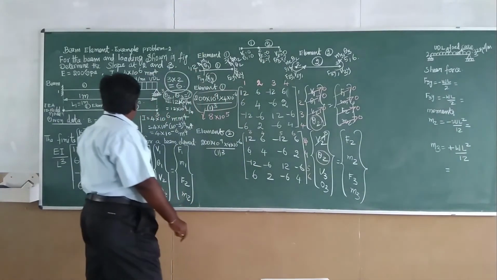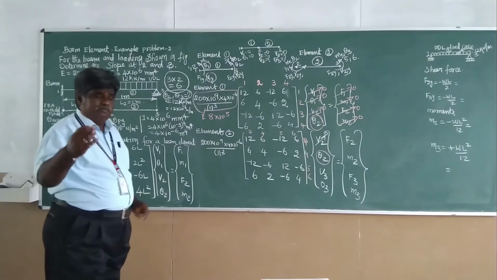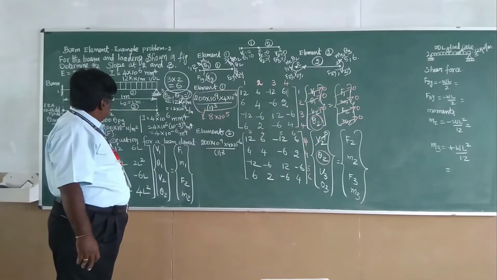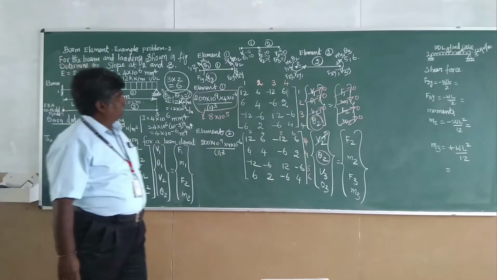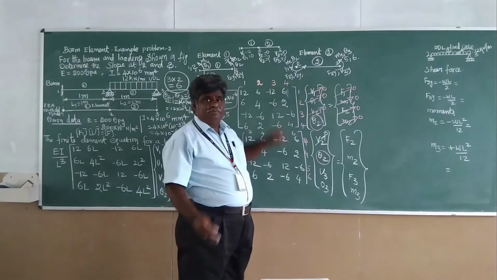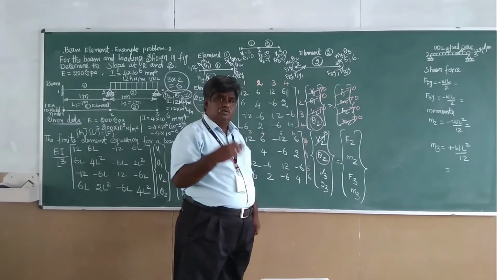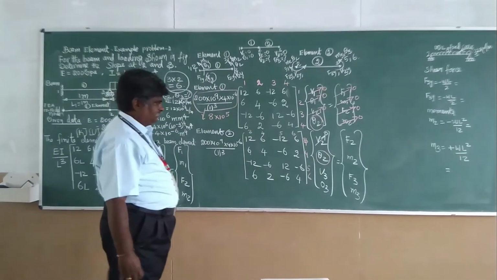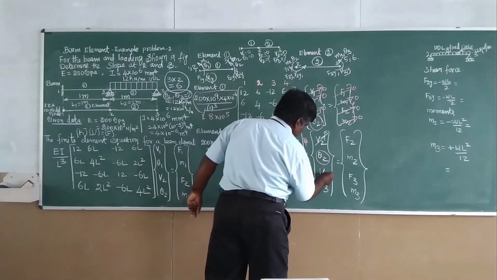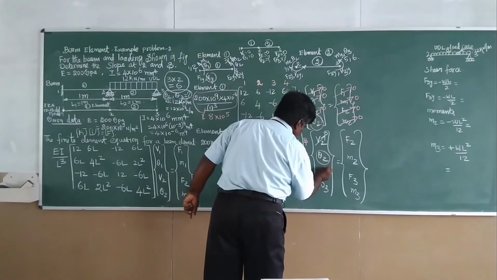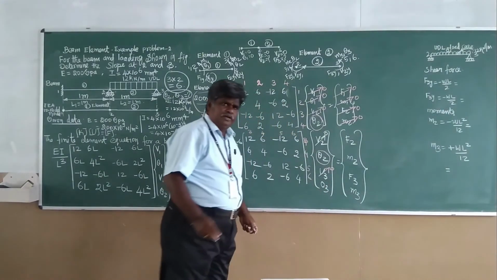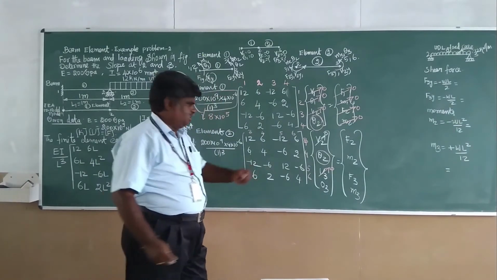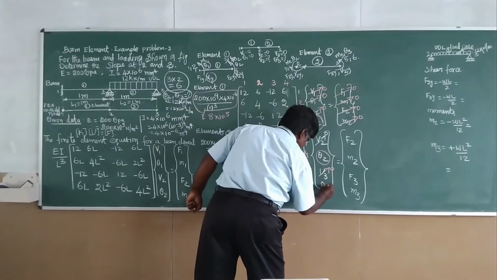Then consider nodal point 3. Nodal point 2 and nodal point 3 will have roller supports. That's why the deflection will be 0 in the y direction, while slope will be present at nodal point 2 and nodal point 3. So V3 is also 0. We have to determine the slope or rotation at nodal point 3.